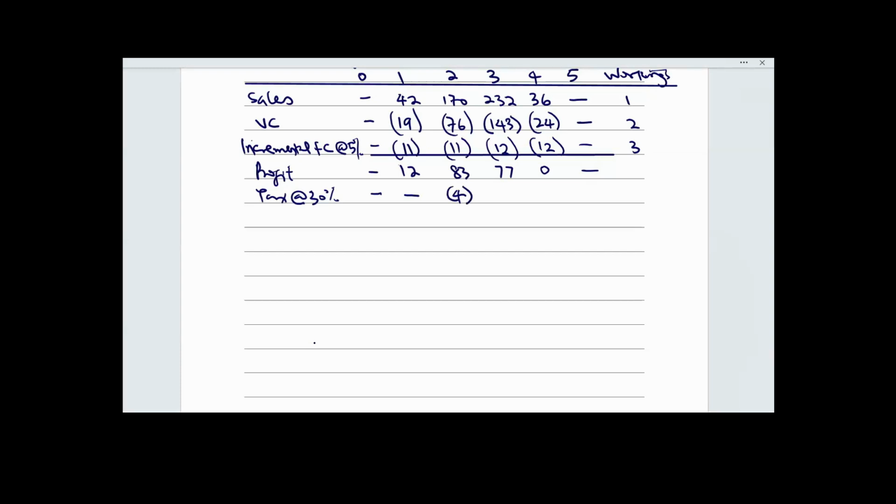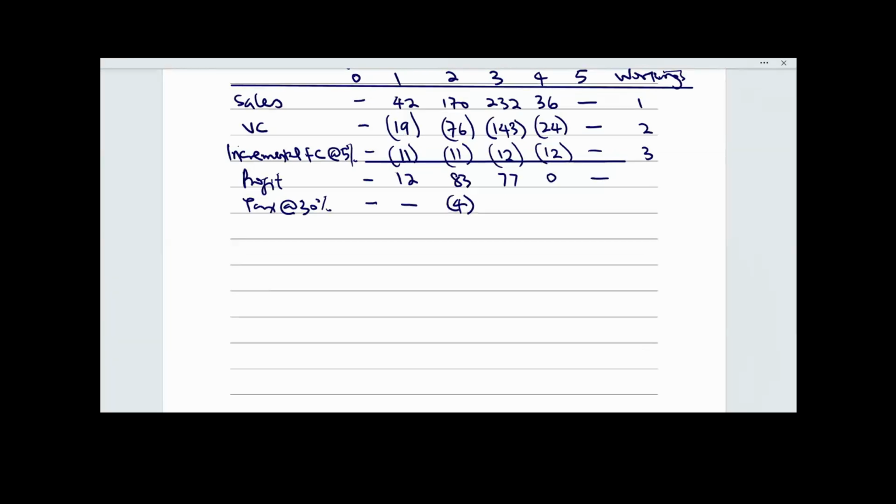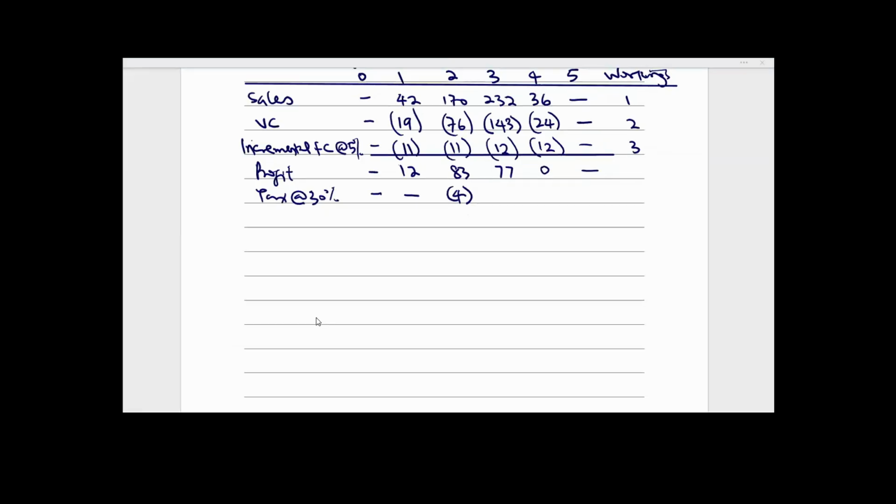Put it in brackets because it is a liability, cash outflow. Then the profit of year 2 of 83 million multiplied by 30% is 24.9, rounding 25. So profit of year 2 will be taxed in year 3. Here is 25.